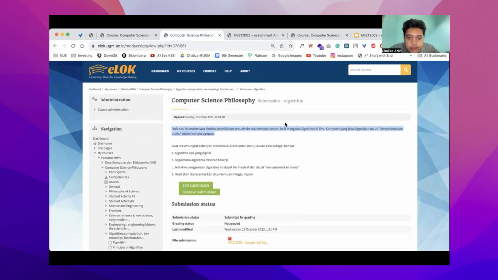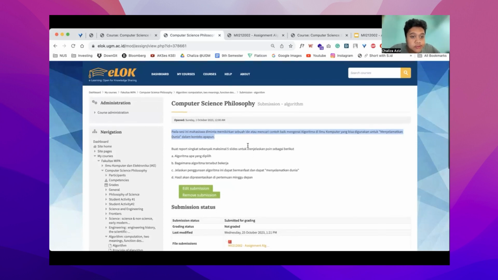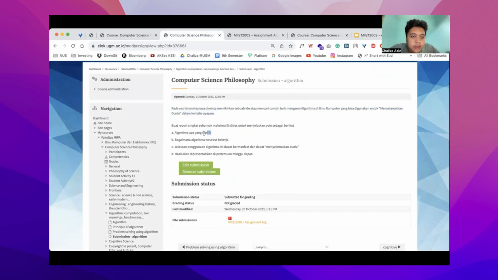we're supposed to find an algorithm in our computer science program and decide, or let's say have a closer look at, which algorithm can be used to change the world, and then we choose that algorithm.